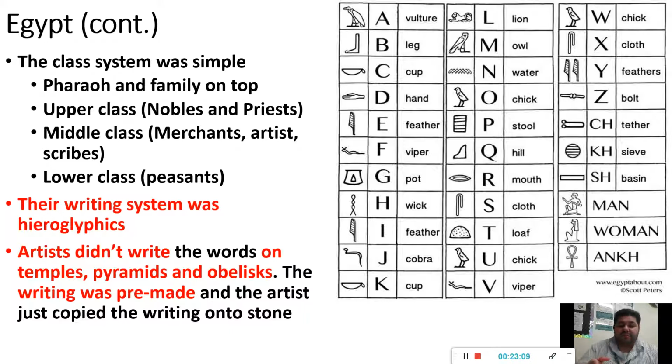What happens is the scribes, the people who actually learned how to write, would pre-write everything on the stone with charcoal or whatever, and it was the artist's job to take out all the rest of the stone and make the hand or the feather or whatever look realistic, like it was popping out, give it life in a sense.